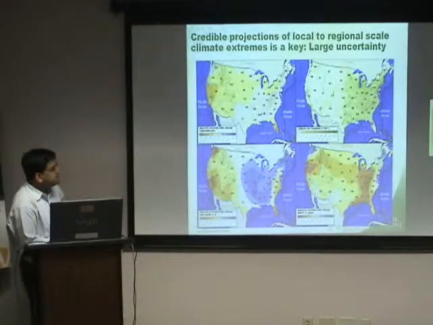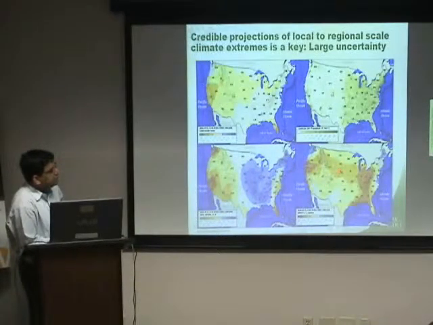This is NASA's GISS model, and this shows there is significant drying here, broad region, and significant wetting here. This is Japan's MIROC model, and we have results from all of these 9 models.